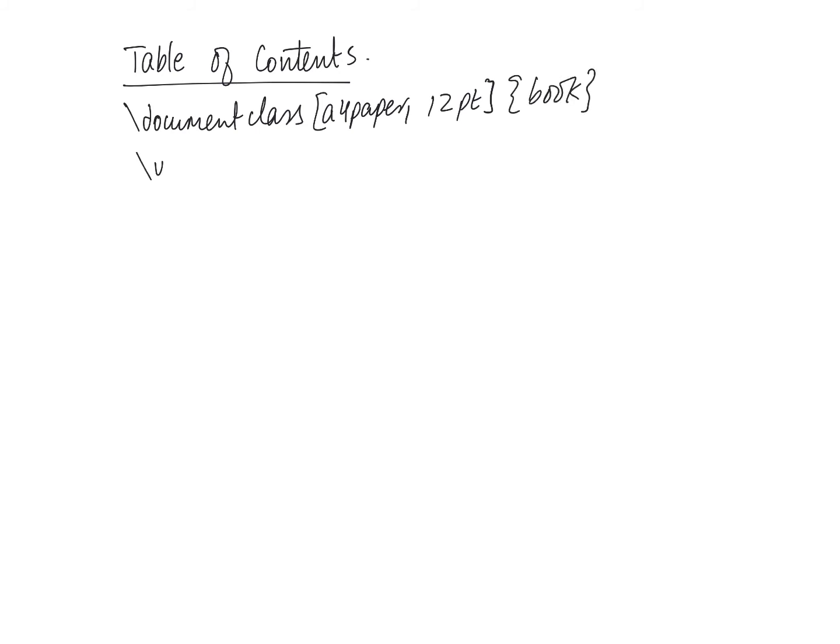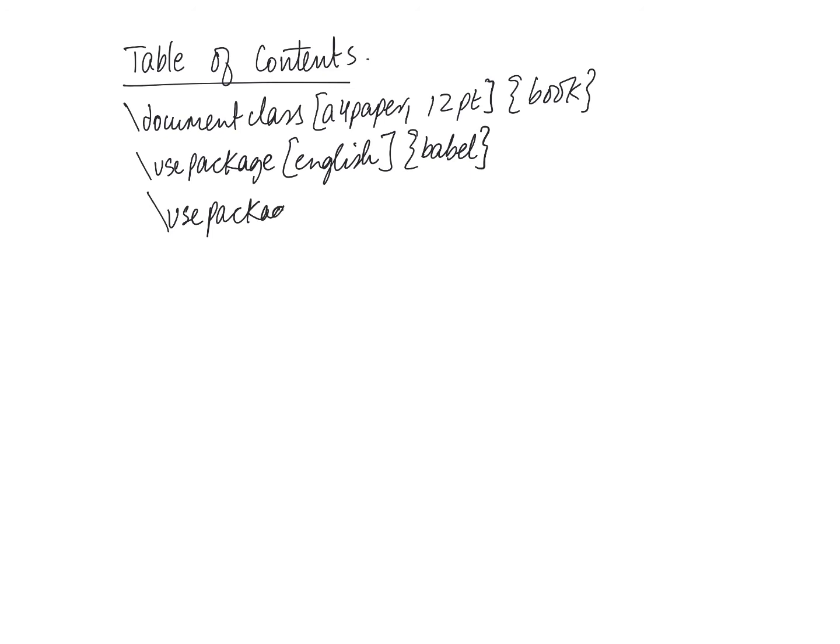So let's use the same package. English, Babel, and let's use package. Now we are using blind text. We don't need to use that if we are creating our own text. Okay. Use package.